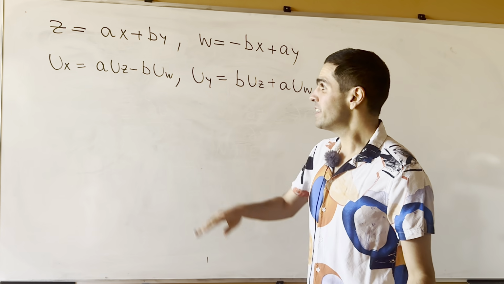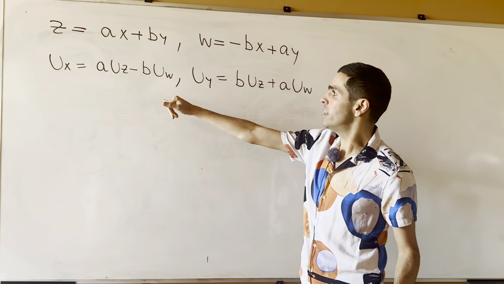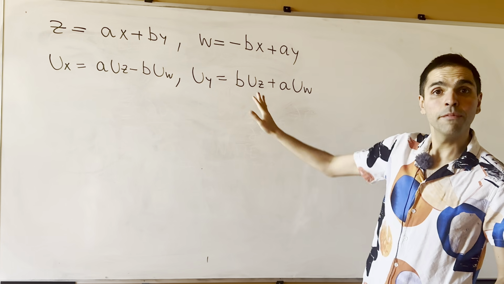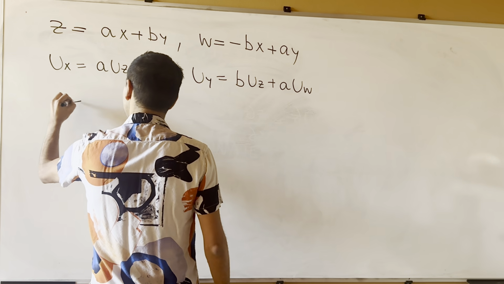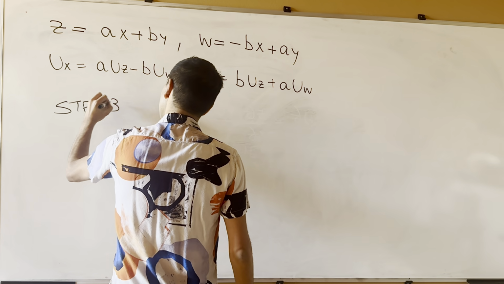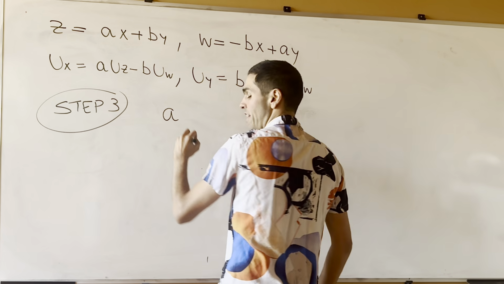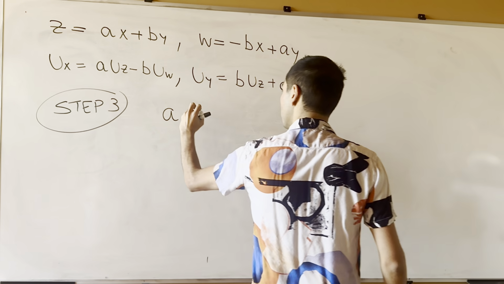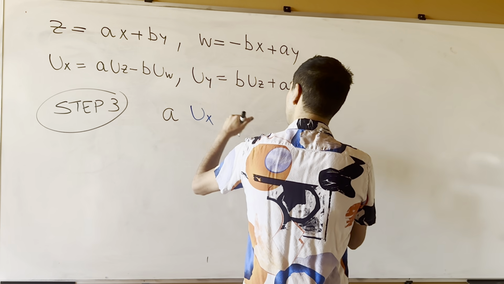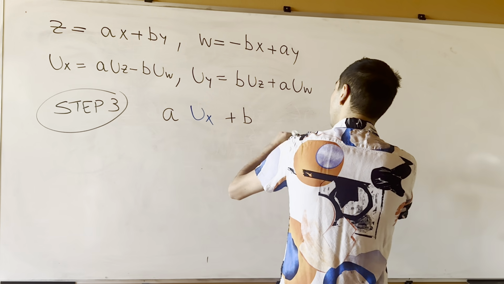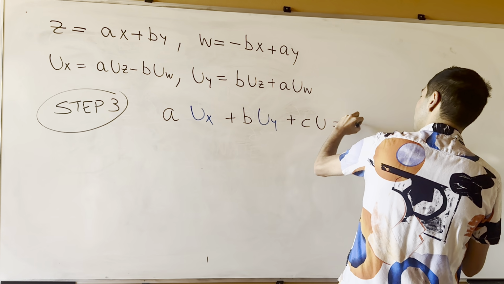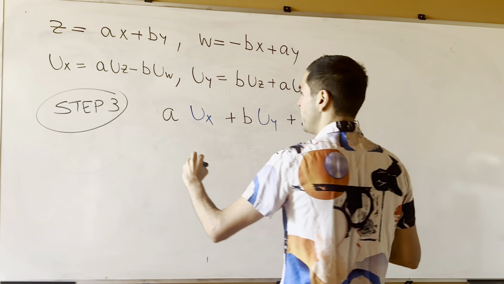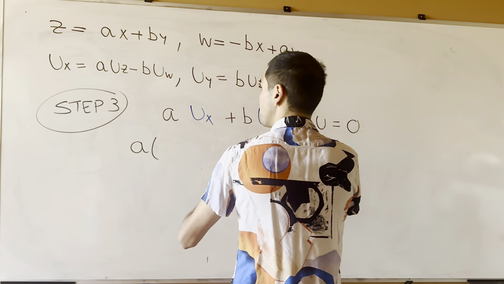And once again, to recap, here are Z and W, and we wrote U_X and U_Y in terms of U_Z and U_W. And now the last step is to plug into the PDE. So remember, we have AU_X + BU_Y + CU = 0. So A, now we can substitute.